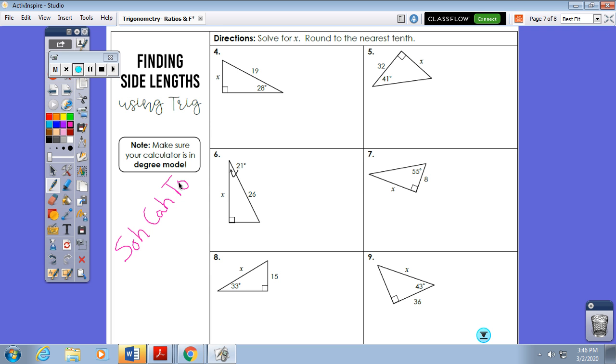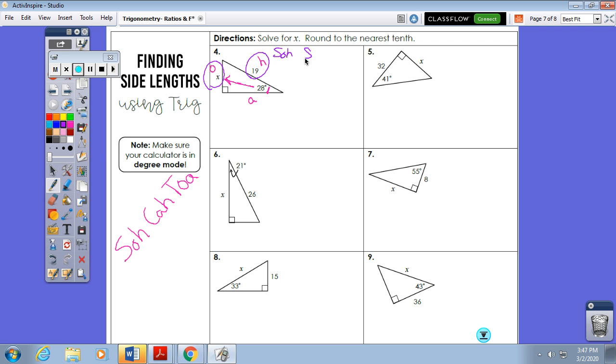I'm going to set it up according to the angle that I'm at. Since I'm standing at this angle, opposite is going to be here. Opposite and adjacent are always the legs. And then I have the hypotenuse out here. Since I'm looking for this piece and I have this piece, it's going to be the SO part, the sine.